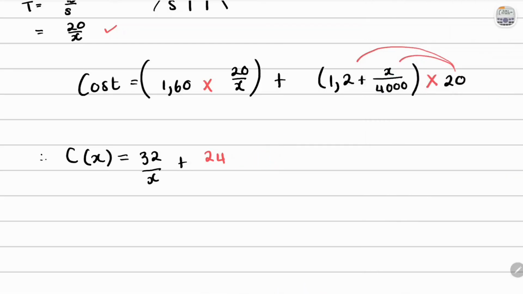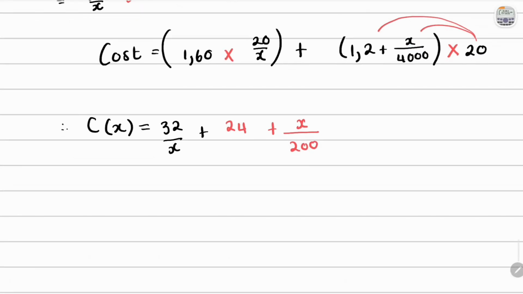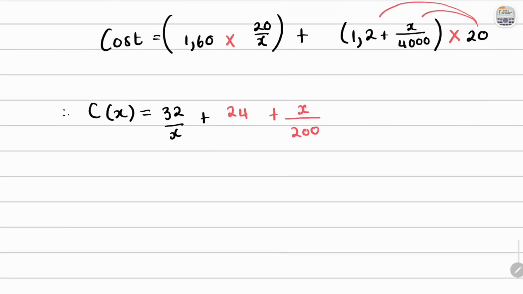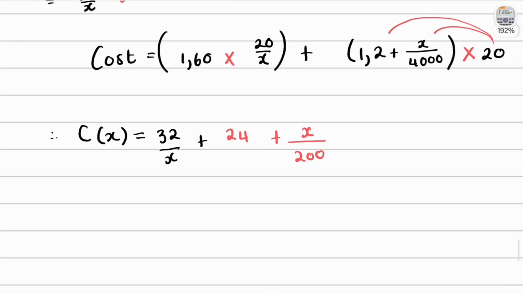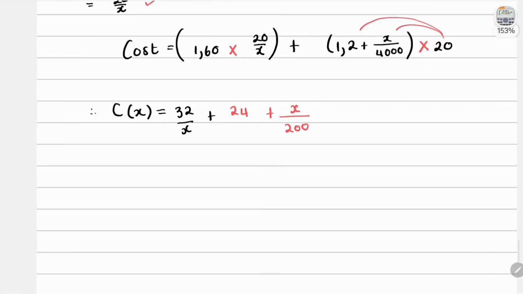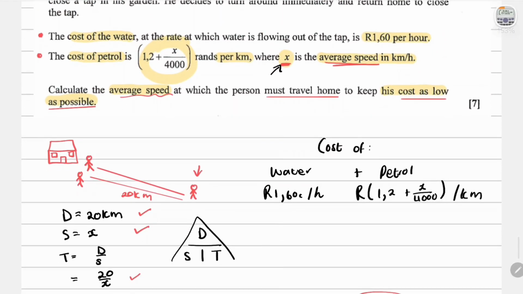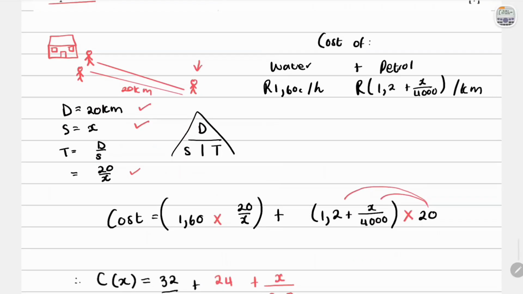So we're going to say plus x over 200, because that is 1 over 200 and then the x. Okay, so this is what we have. And we are going to really just find the minimum value of this. So let's see how we can do that, because the whole point is to find the average speed, which is x, find x for which this is going to be at a minimum, at the lowest that it can be.